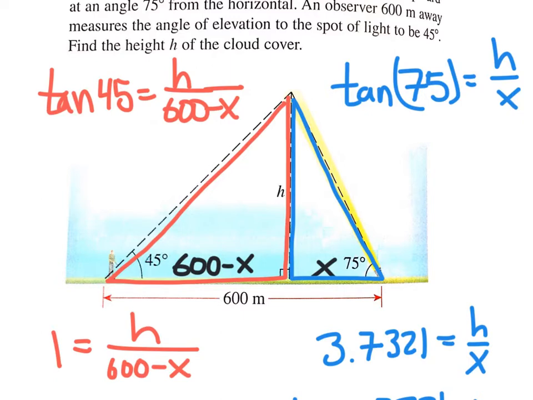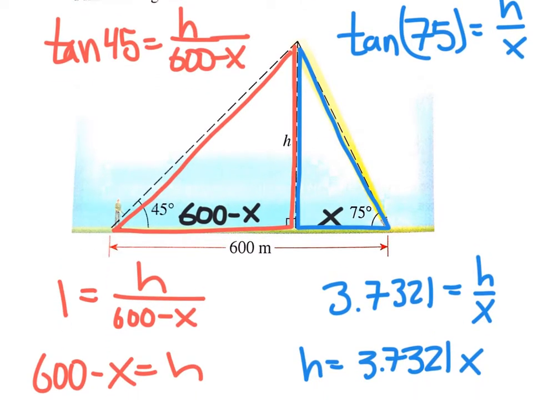Now this looked crazy, right? But this is looking like, hey, I might be able to solve that. So my strategy was I can multiply both sides by x. I'll show you. I know 600 minus x is equal to h, but h is also equal to 3.7321x.